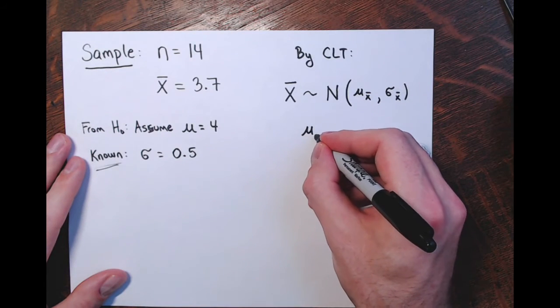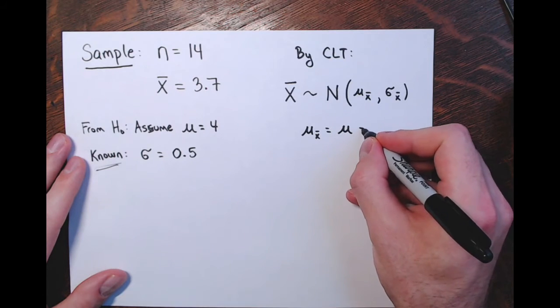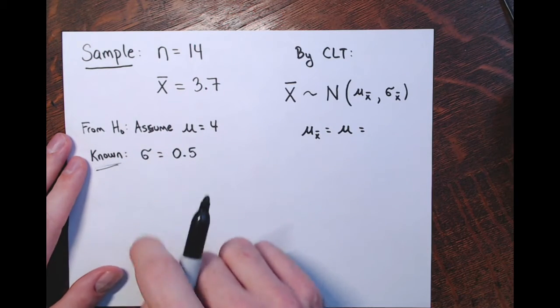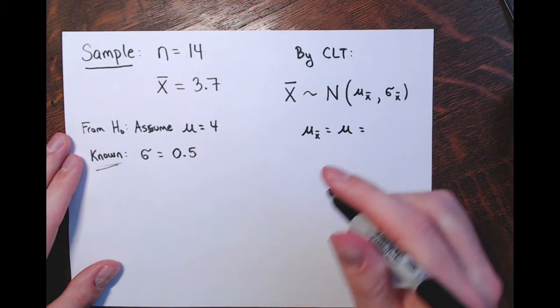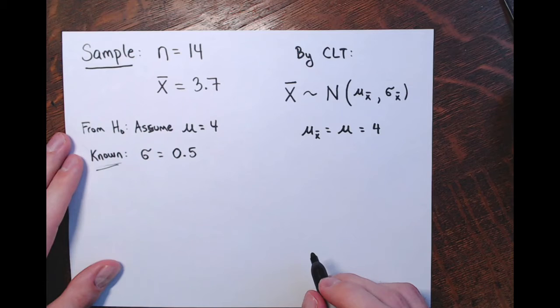Where mu sub x bar, the mean of the means, was the mean of the population. And from the null hypothesis, we have assumed that this mean is equal to 4. This is coming from the null hypothesis assumption.